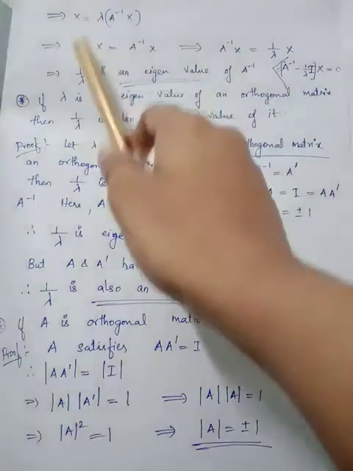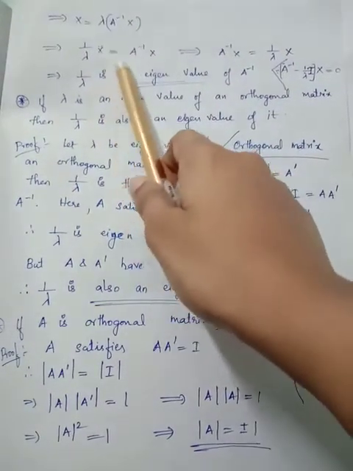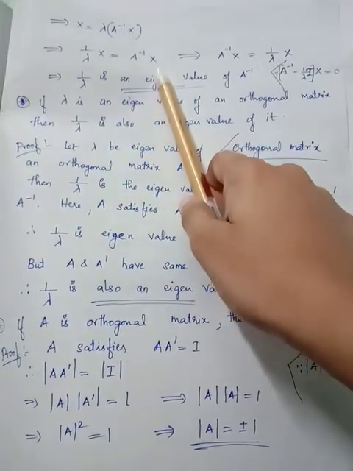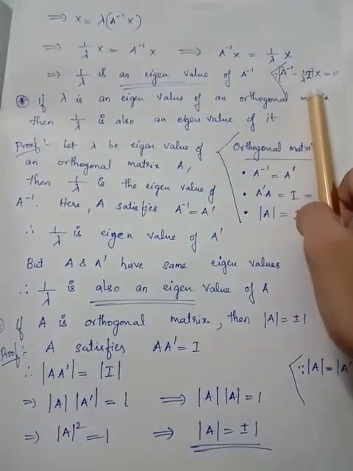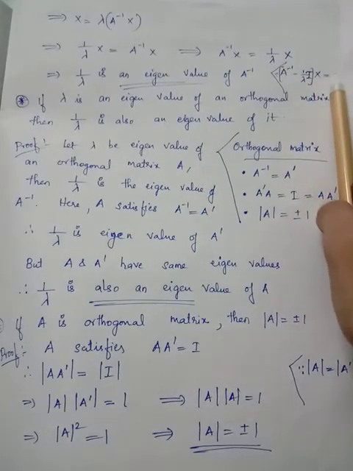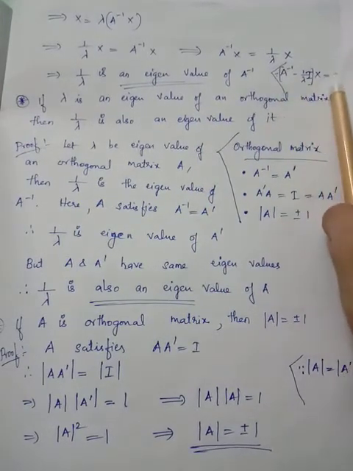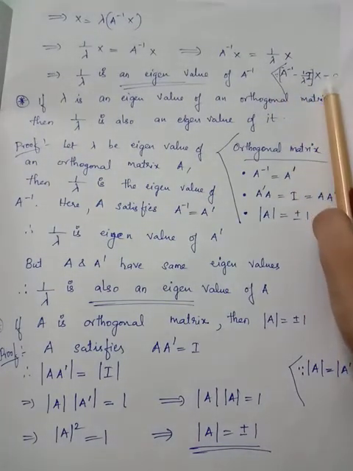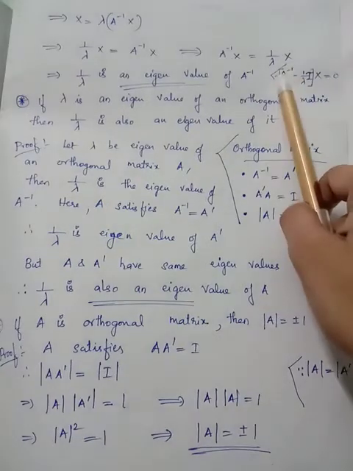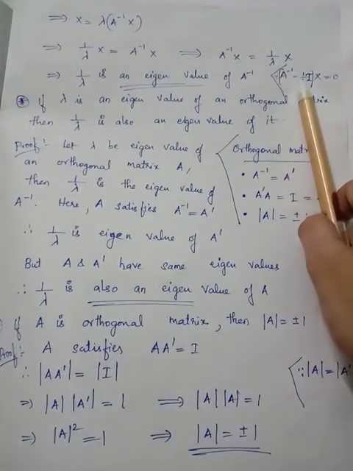From here, if you take lambda to the LHS, you get 1 by lambda into x equal to A inverse x, and you get A inverse x minus 1 by lambda into I into x equal to 0. This expression is actually of the form A minus lambda I into x equal to 0. Hence, this can be considered as the characteristic equation of A inverse with 1 by lambda as the eigenvalue.